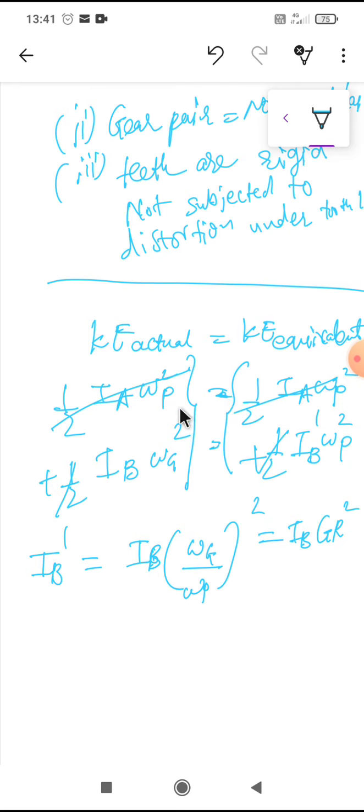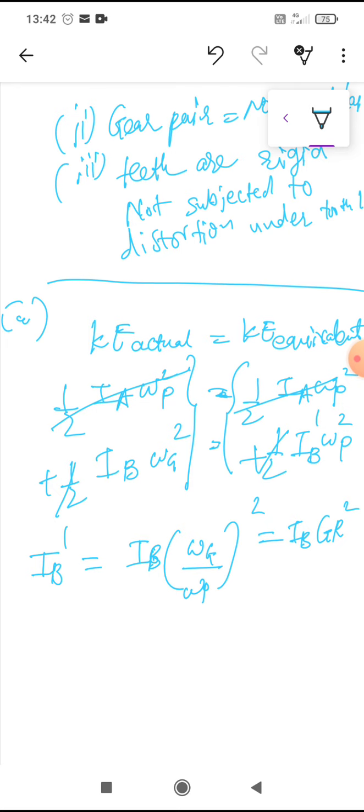Now this is the first condition. We also have to verify the second condition. What is the second condition? The second condition is the potential energy. The actual potential energy should be equal to the equivalent potential energy. What is the formula for potential energy?